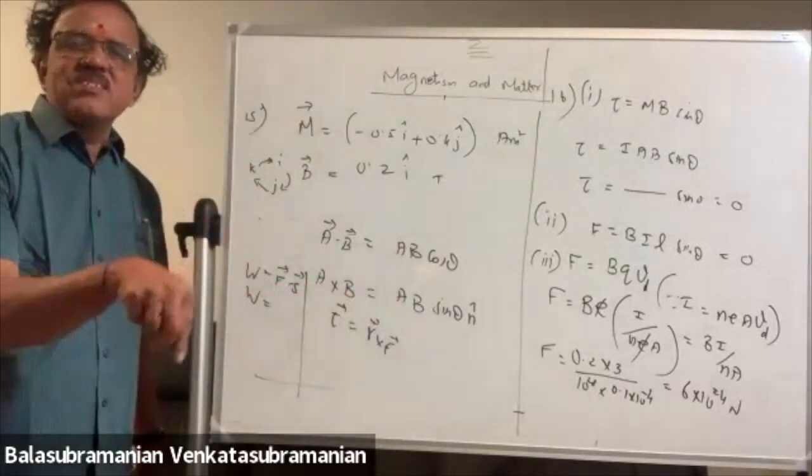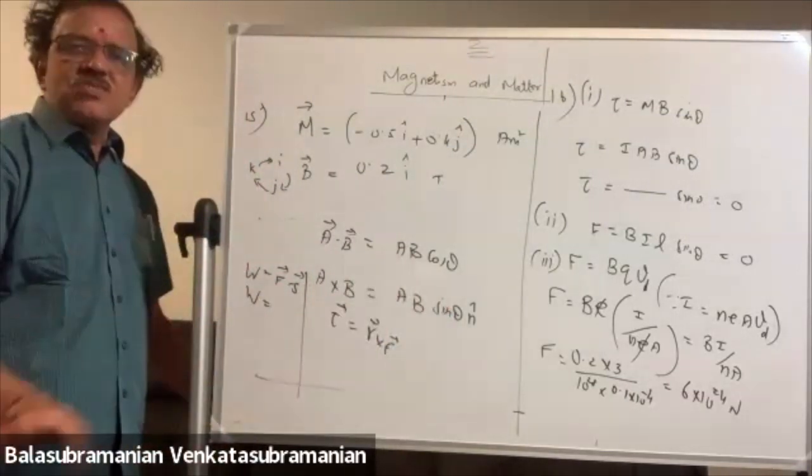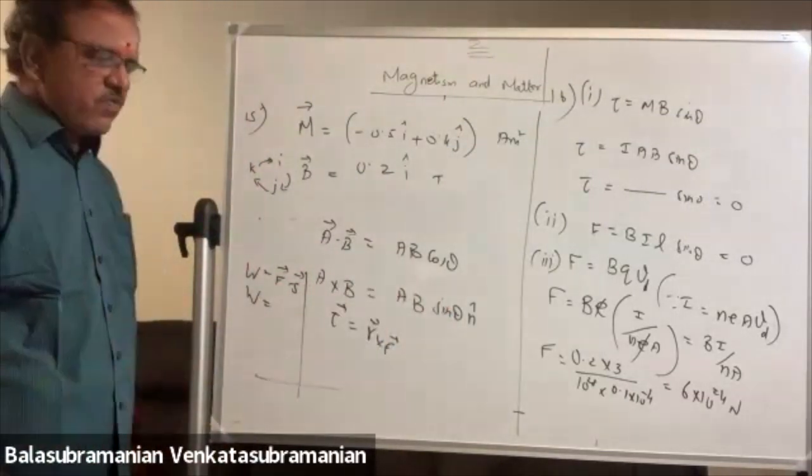Why is it 0? Because sin 0 is 0. So this is a basic formula.